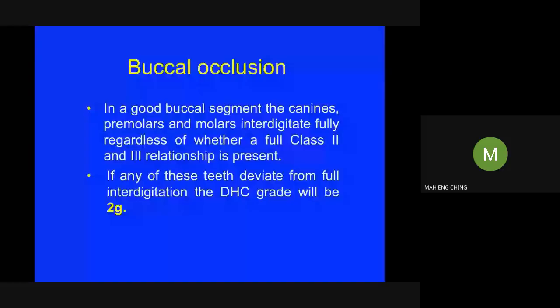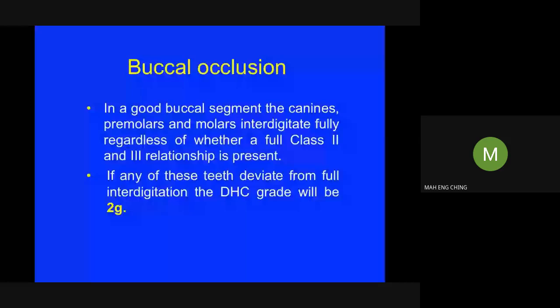So, discussions. If the buccal occlusion in the buccal segment, the canine, premolar and molar interdigitate fully regardless of whether they are class 1, class 2, or class 3, it means they have a zigzag, the cusps fall into a nice place, then they are considered okay.